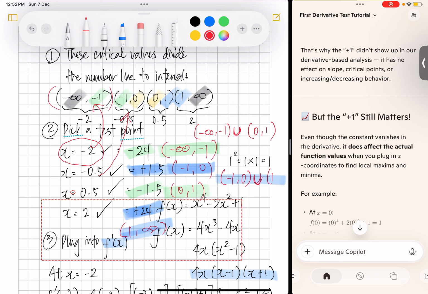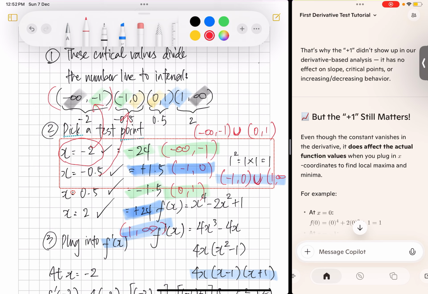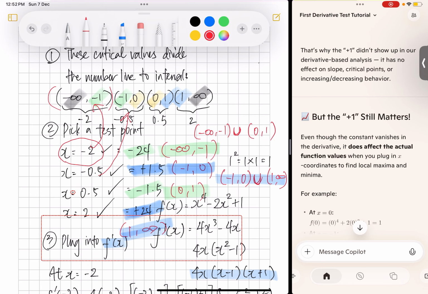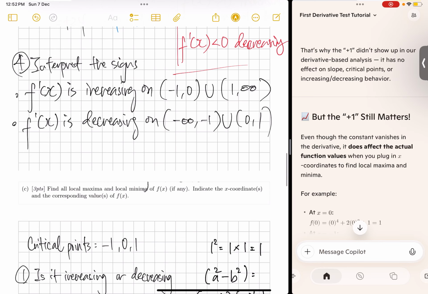Oh, there should be an infinity here. There. The one that is increasing is negative 1, comma 0, union 1, comma infinity.